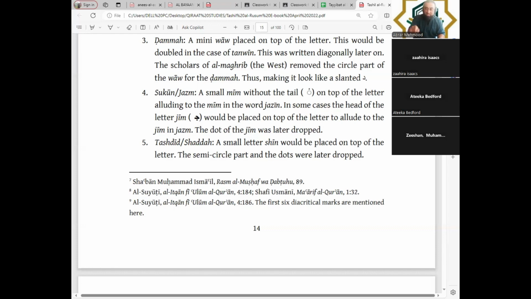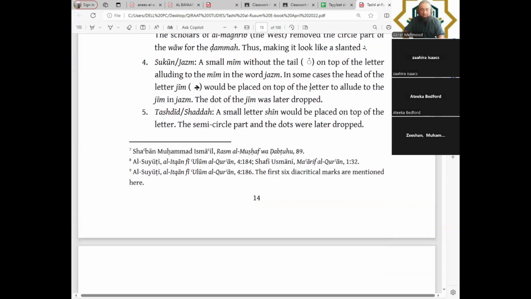So when we mean that this shape here was a jazm, sorry, it was a meme, and the tail's been taken off, so that was indicating towards the meme as it was spelt in Arabic. So when I say jazm in English it is J-A-Z-A-M or J-A-Z-M, but in Arabic it is jim, za, and meme. So the meme is what made this sukoon here, but they just took the tail off. Okay, so hopefully that makes sense.